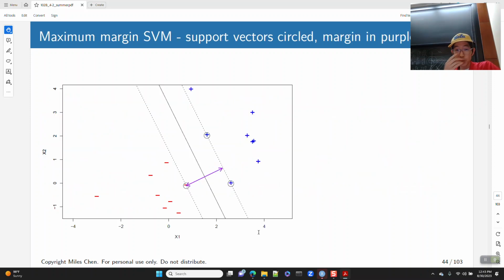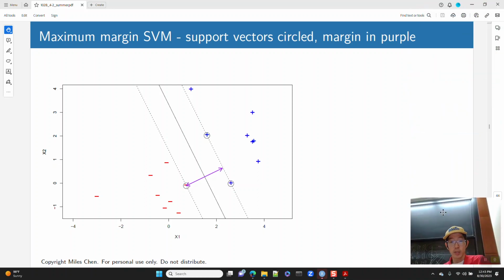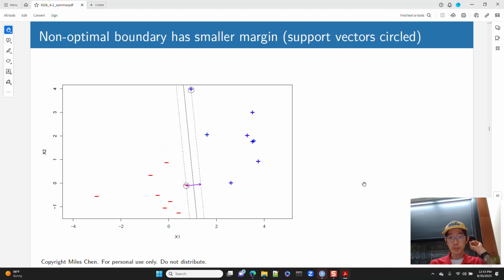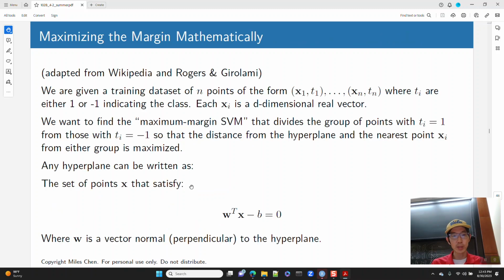Okay, so what we want to do is say these are the 3 points, and this margin shows the perpendicular width here. We want to maximize this margin. So in this case, if these were the support vectors, this would have a different margin here. So we want to maximize this margin mathematically.